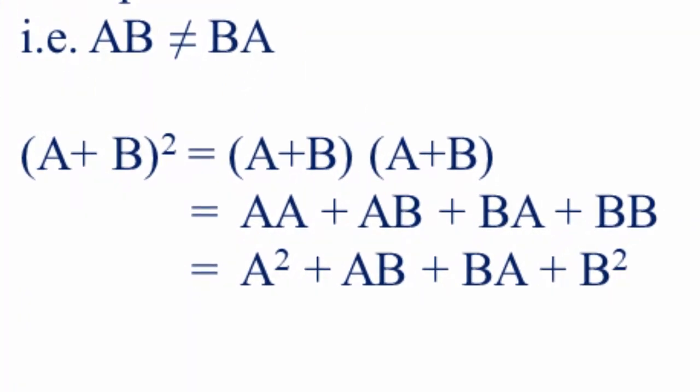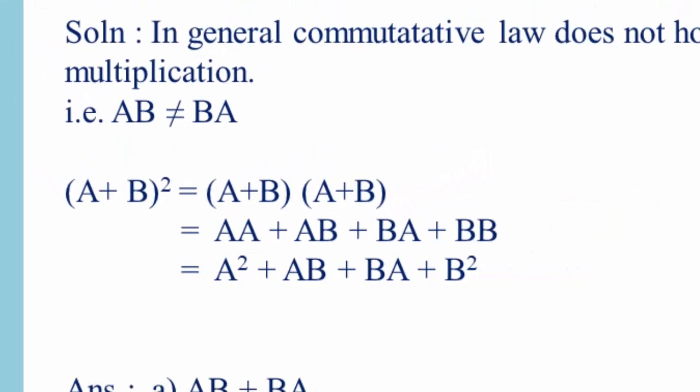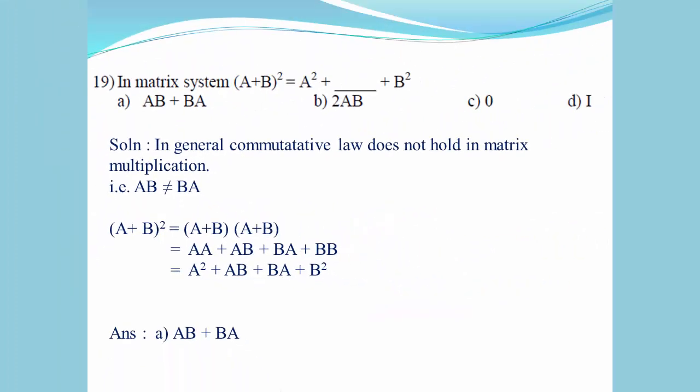When we multiply these, we get A into A plus AB plus BA plus B into B. A into A is A square, B into B is B square. So, the resultant answer is A square plus AB plus BA plus B square. So, the answer option A, that is AB plus BA, is right.